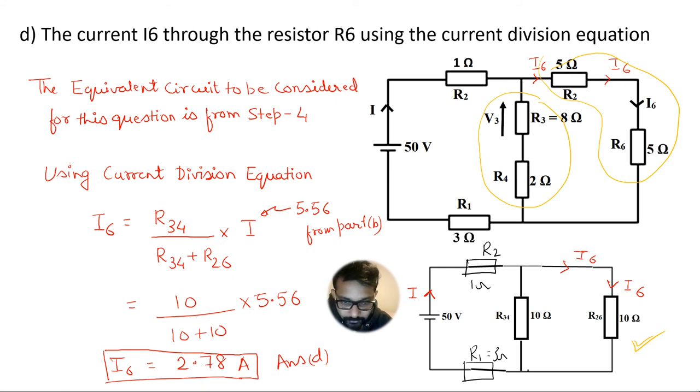I will write it down for you. The current division rule says I1 is equal to R2 divided by R1 plus R2 multiplied by the supply current. This was the circuit for the current division rule.